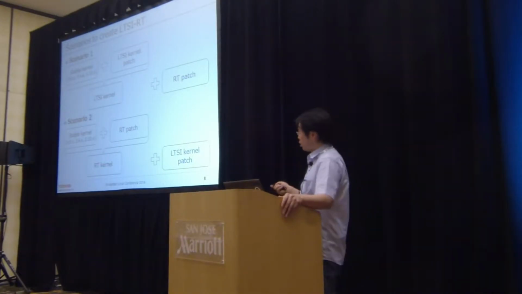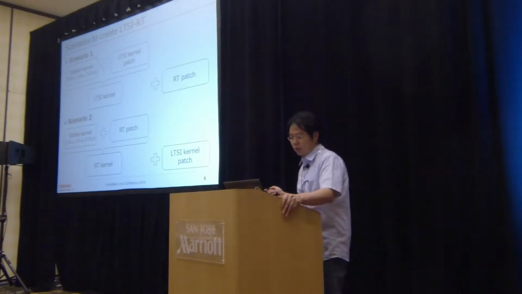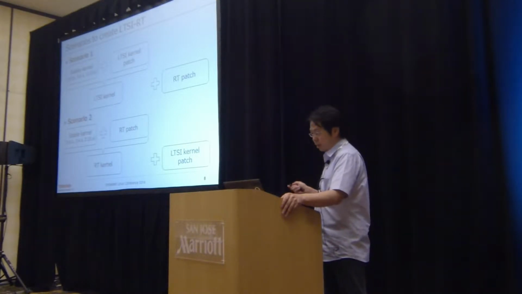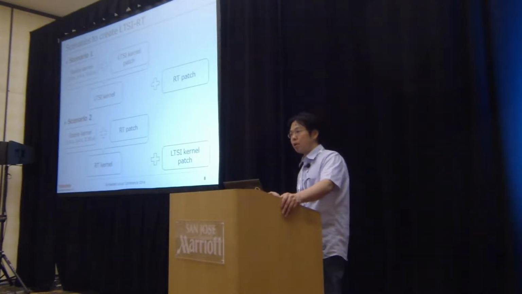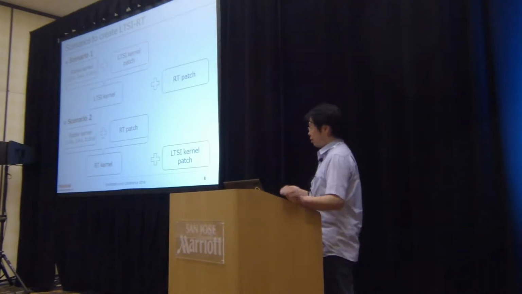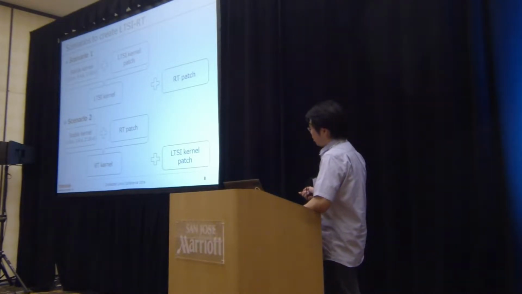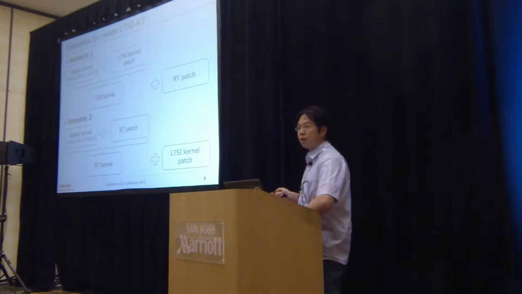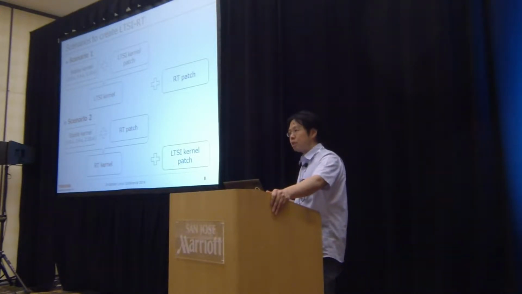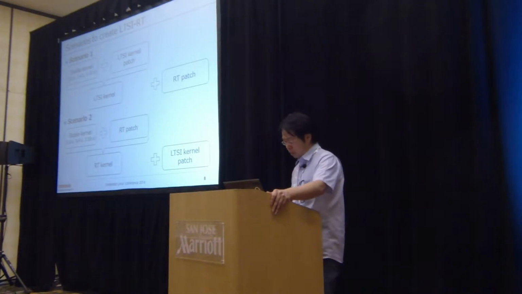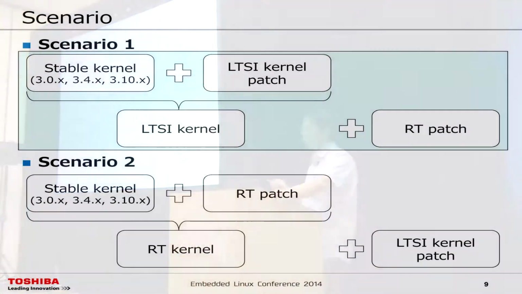To compare the two candidates, the RT kernel patch usually makes many modifications to the core kernel part. That means merging the LTSI kernel patch with the RT kernel will be much more difficult than the first scenario. For that reason, I use this scenario: at first the LTSI kernel, then merge with the RT patch.